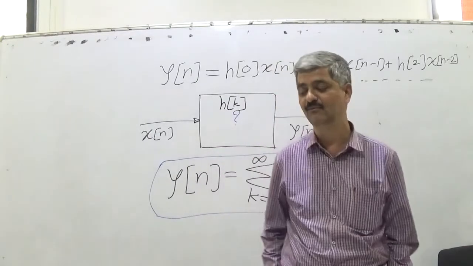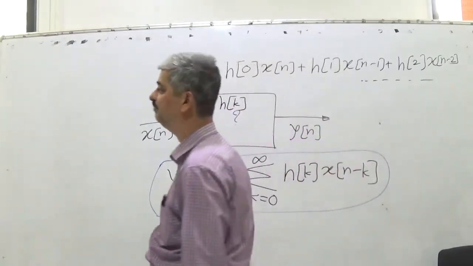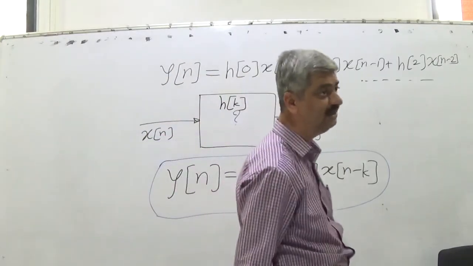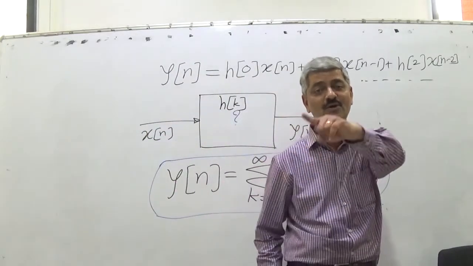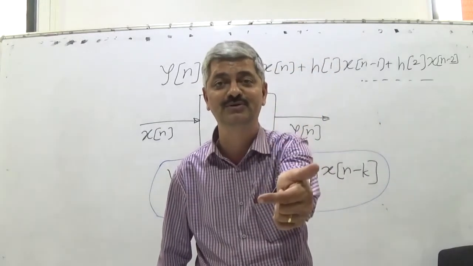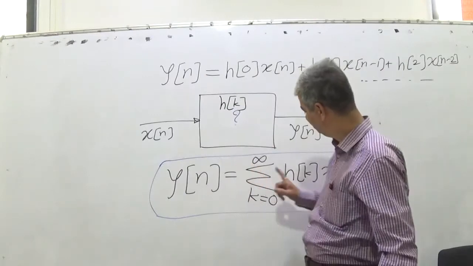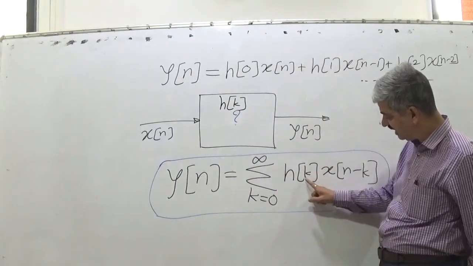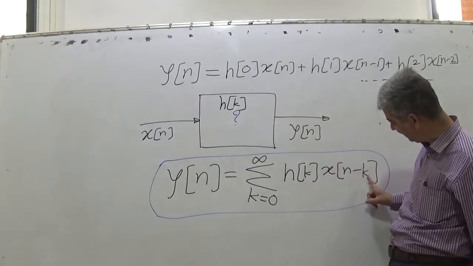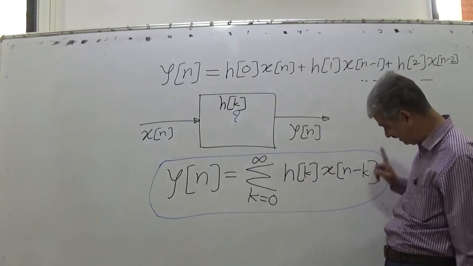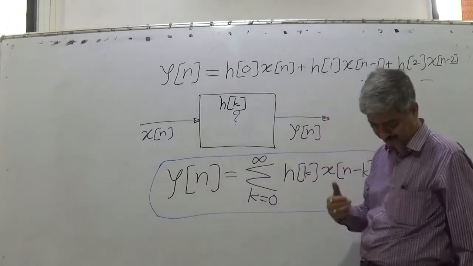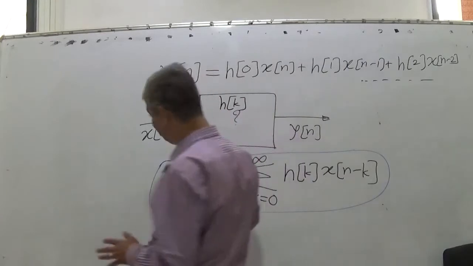HK is the weight, or proportion, with which the input sample received K samples ago contributes to the current output. HK is the weight of the input received K samples ago in determining the current output.